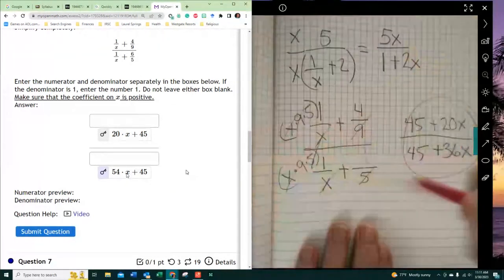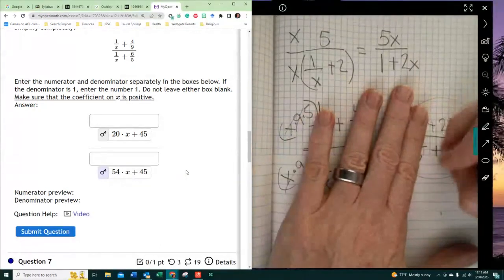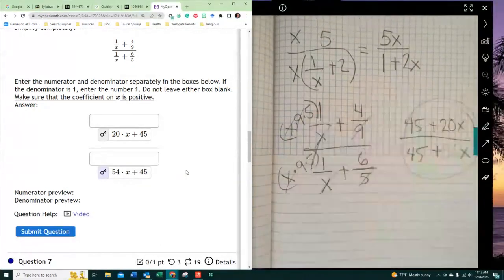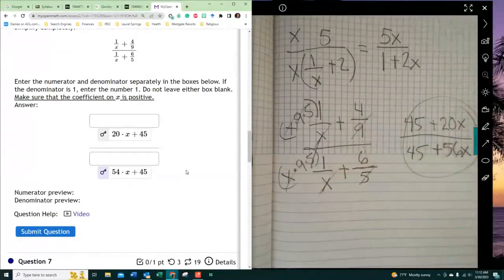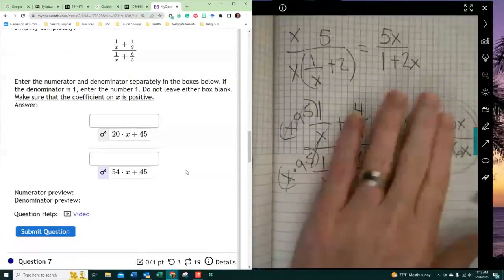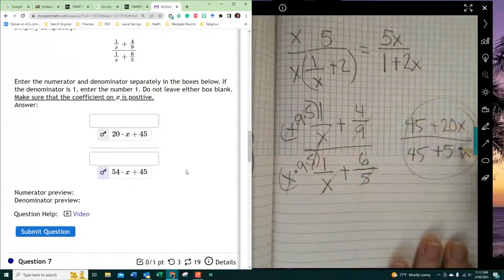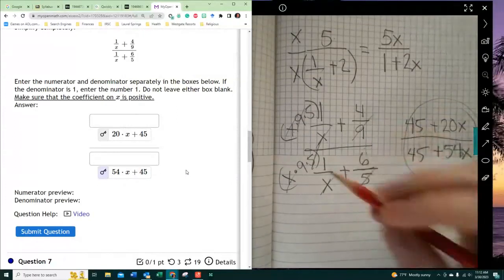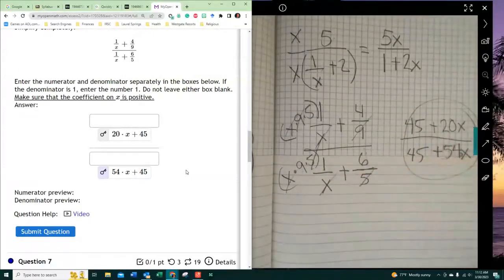There's a 6 here, and I put a 4. So I did make a mistake in my transcription here. That should be 54, so it's 9 times 6. I've had a transcription error.